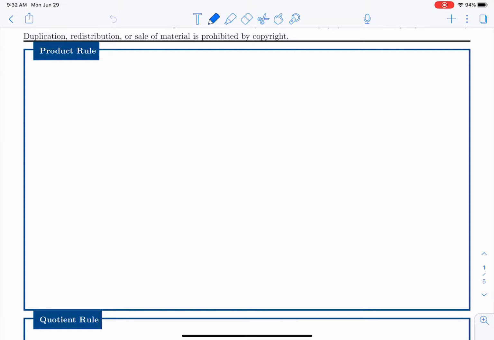So suppose we have two functions and we want to find the derivative of the product.